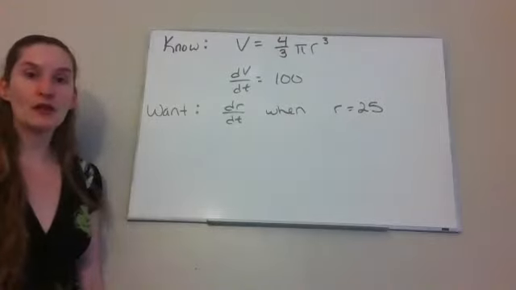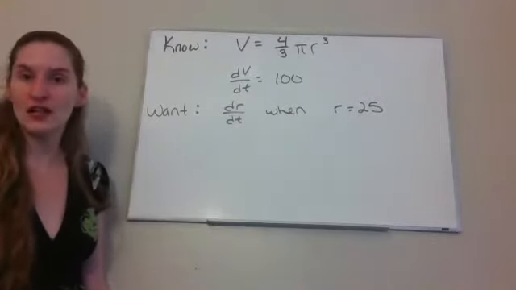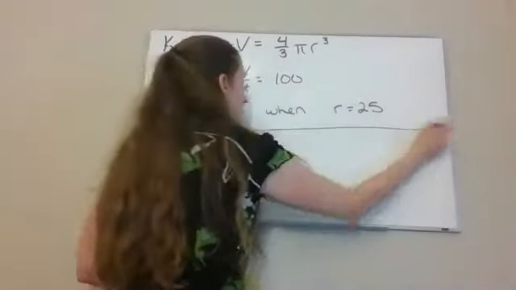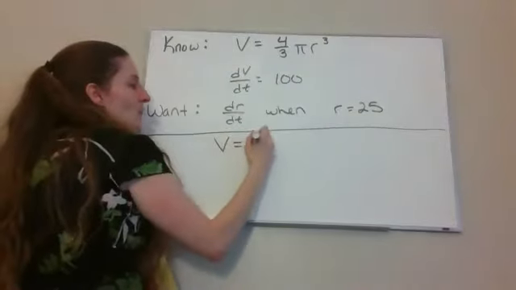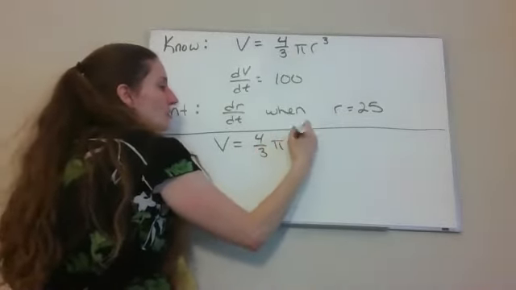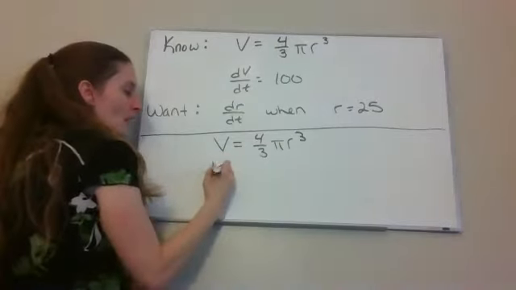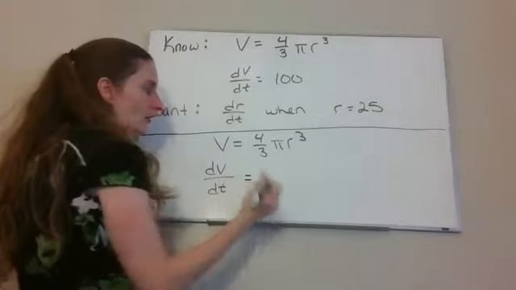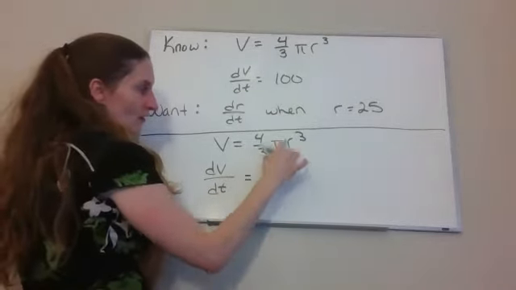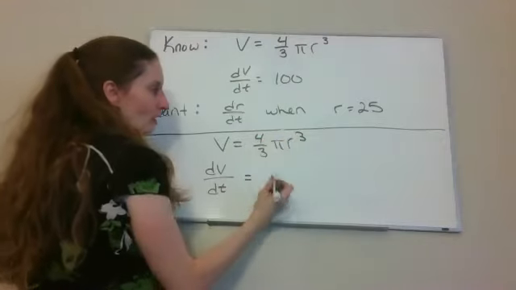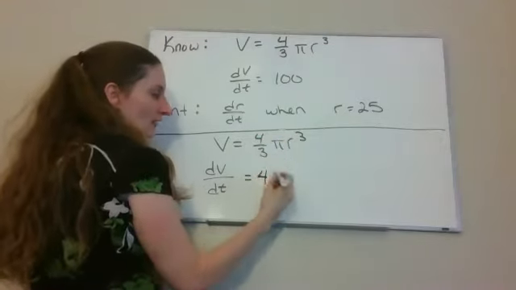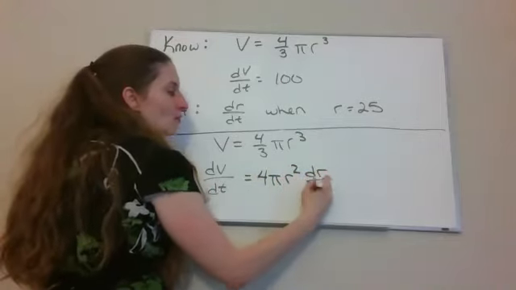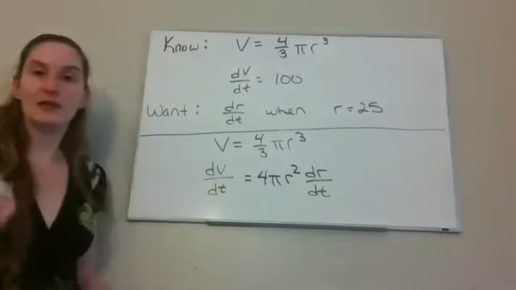So the way we solve these problems is you use implicit differentiation to take the derivative of both sides of your equation. So I have V equals 4/3 pi r cubed. Take the derivative of both sides with respect to time. dV/dt equals, my 4/3 pi is a constant. My power rule says this 3 is going to come down and multiply. That will cancel out the third. I get 4 pi r squared, and then we need to multiply by dr/dt because we're taking the derivative with respect to time.